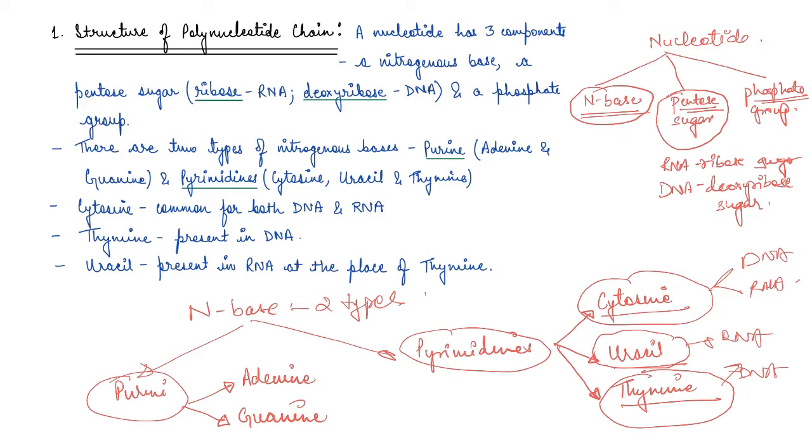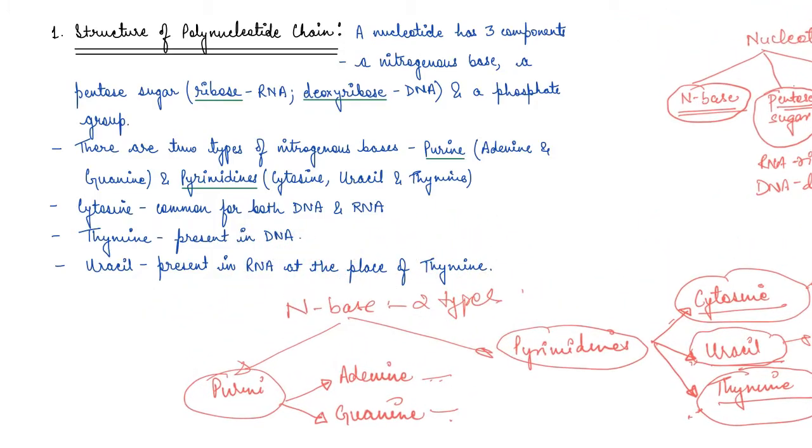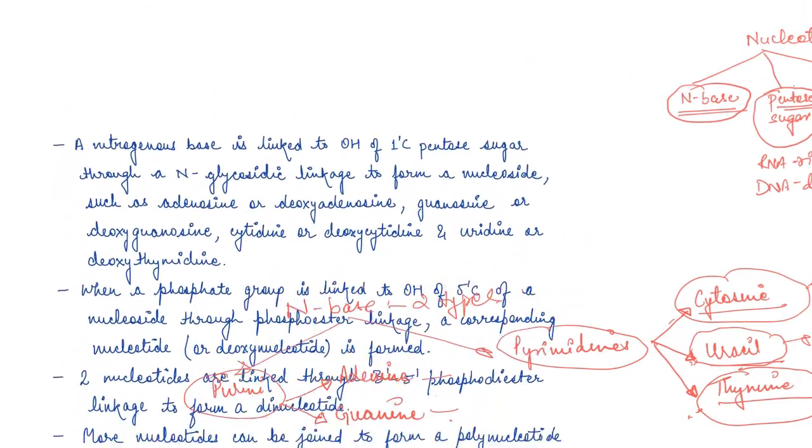So we have always four types in DNA and four types in RNA. In DNA, it will be a combination of adenine, guanine, cytosine, and thymine. In case of RNA, it will be adenine, guanine, cytosine, and uracil. So thymine is basically replaced by uracil in case of RNA, right? So this is what we study about the nitrogenous base.